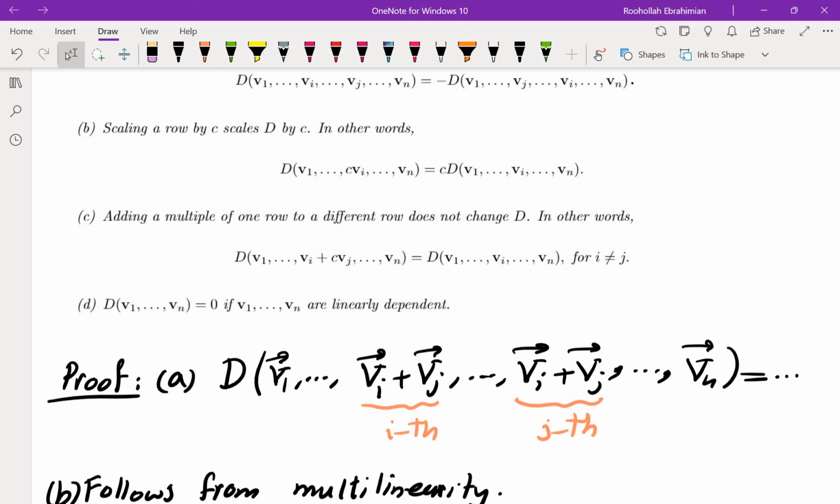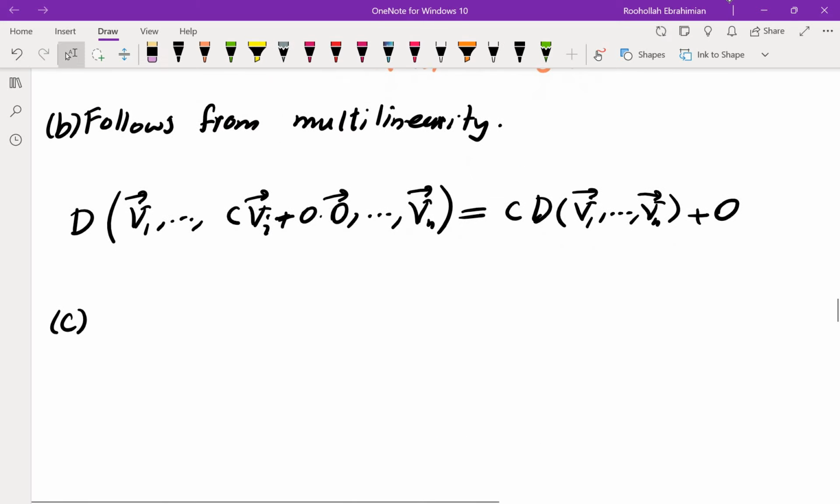D is going to be scaled by that same factor C. Part C: adding a multiple of one row to a different row does not change D. So if you add a multiple of one row to another row, so this is the ith position, it doesn't change D. So let's look at what that means.